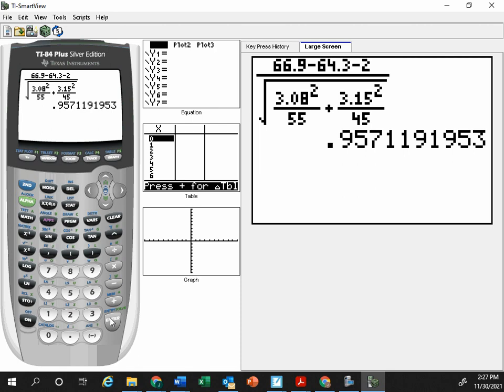Did you get it? I accidentally did 2 decimal points. That will mess it up.